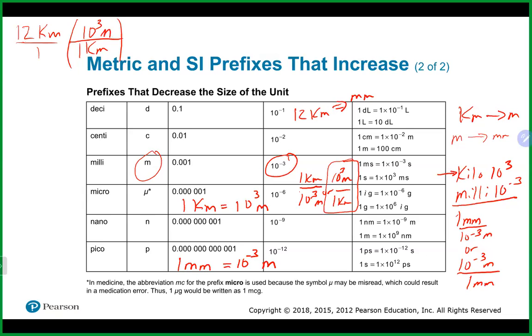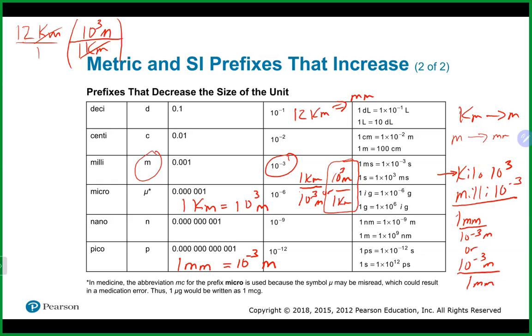At this point, kilometers is up on top. We're going to divide it by the kilometers on the bottom. That means that these 2 units have canceled each other out, right? Again, it's the same idea. If you divided 2 divided by 2, it equals 1. If you divide kilometers divided by kilometers, it equals 1, and essentially cancels each other out.